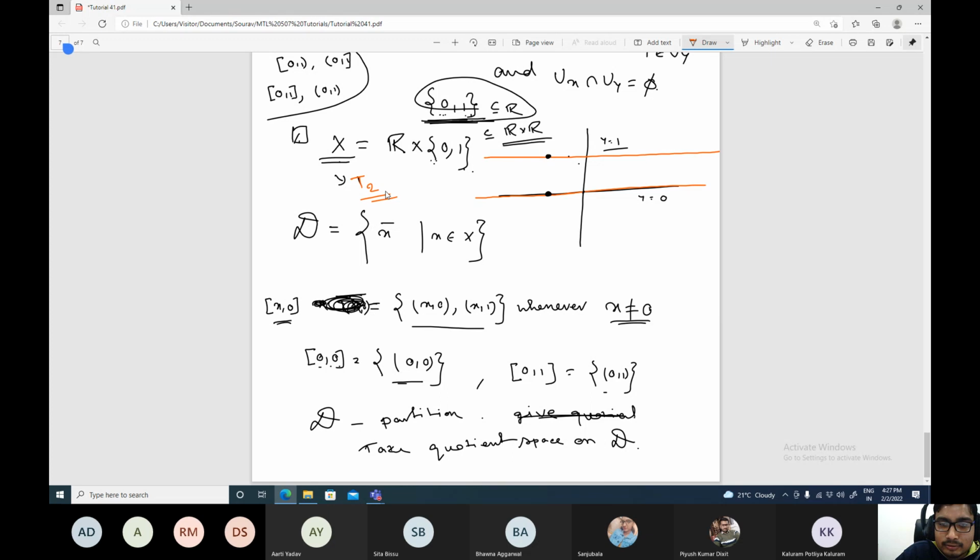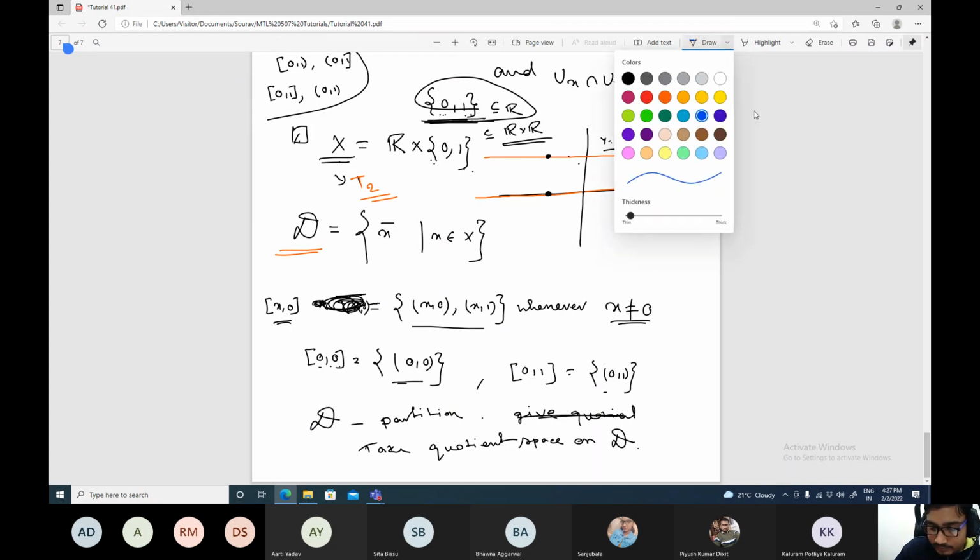Now, can you say whether D is T2 or not, with respect to the quotient topology induced by the natural map P, for that particular partition?